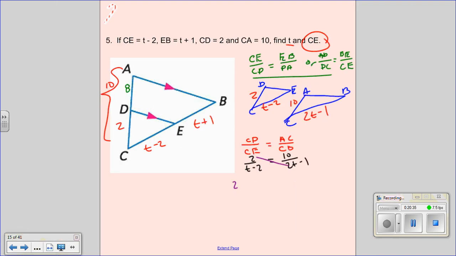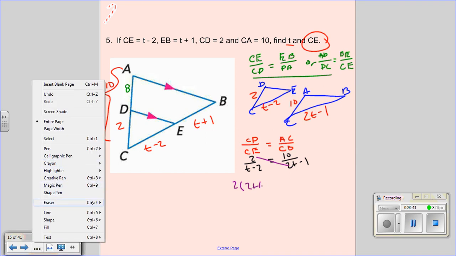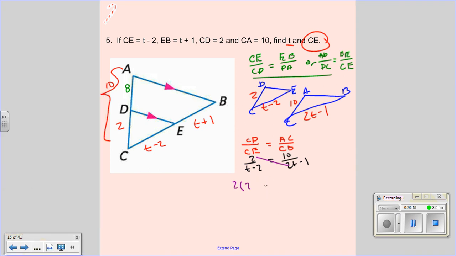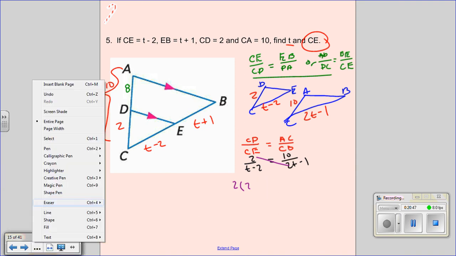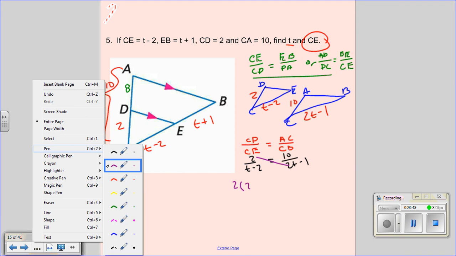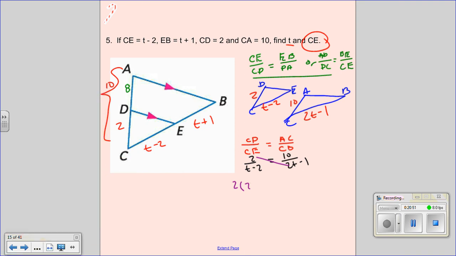So that's 2 times 2t minus 1 is equal to 10 times t minus 2.